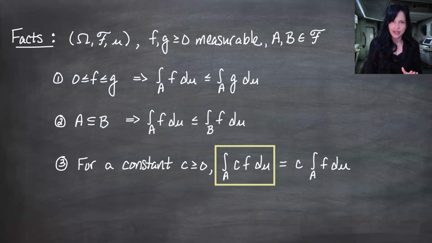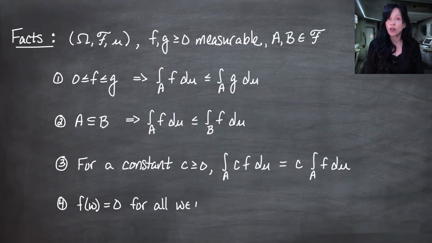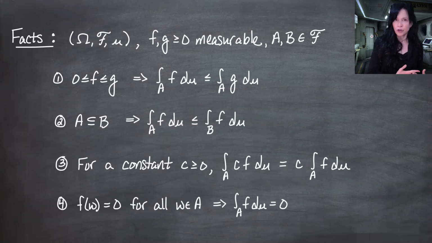So the fact that this constant is greater than or equal to 0 will be relaxed eventually, but you can pull constants inside and outside of the Lebesgue integral. The fourth thing we showed, and the final thing from the last video, was that if f of omega was 0 for all omega in a set A, then if you integrate f with respect to the measure mu over the set A, you will get 0.